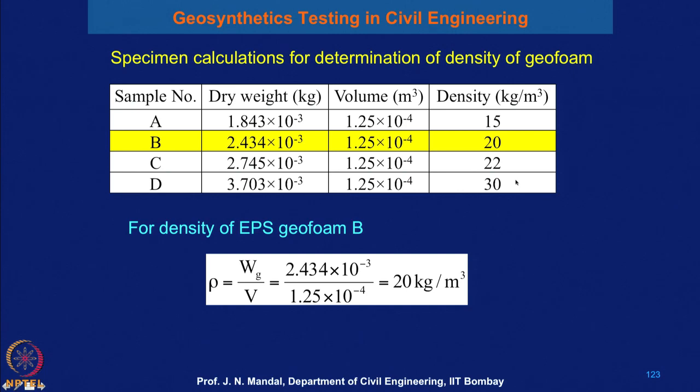So, there are different densities of the samples. You have to select what density of geofoam material is required for a specific application. It may sometimes be 15, sometimes 20, 25, 30, 32, 40, 42, depending upon the different types of infrastructure application.